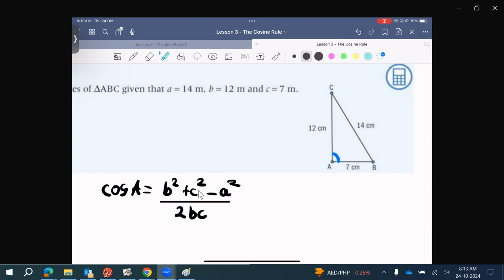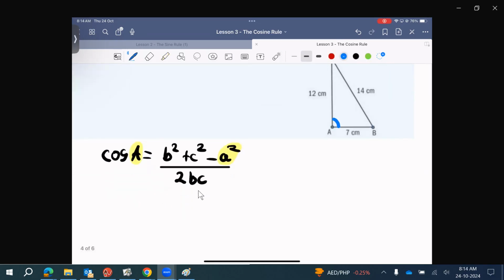If you're after this angle A, notice how A is different in the formula to everything else. A is subtracted, it's not in the denominator, whereas B and C are both added and they're both in the denominator. So capital A and lowercase a are different in this formula than everything else, and remembering that helps you spot that you're putting numbers in the wrong place.